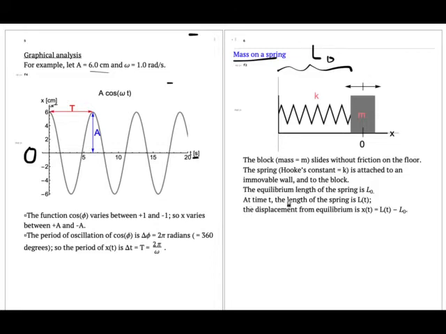But at time t, the length of the spring is some length L of t. So let's suppose I pull the block over here by some amount. Actually, I'm just going to call that distance x. So I'll put on the floor here an axis with a kind of a length.